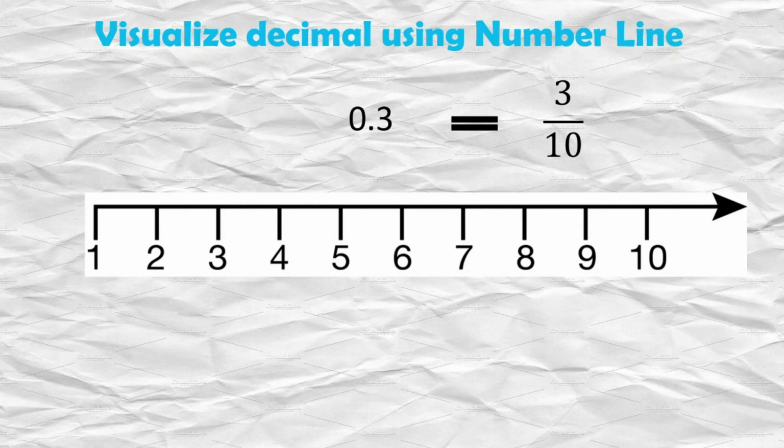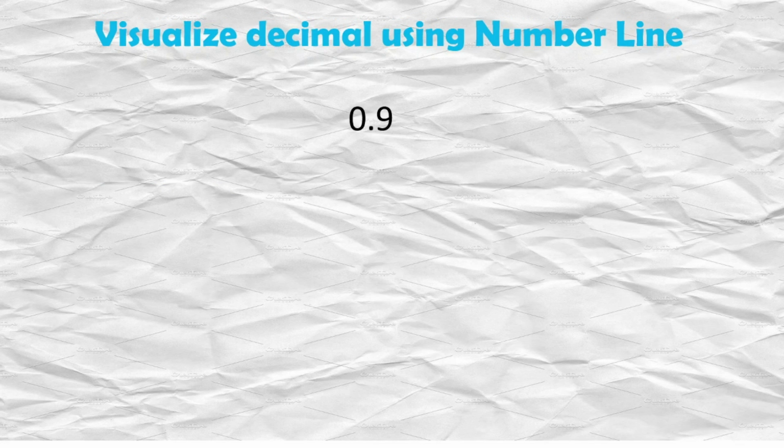So, since our denominator is 10, magiging 10 din yung number na nasa line. 10. And then, our numerator is 3. So, let us shade 3 numbers. 1, 2, 3. Yan, napaka-simple.